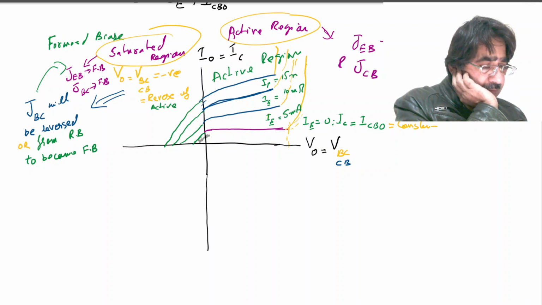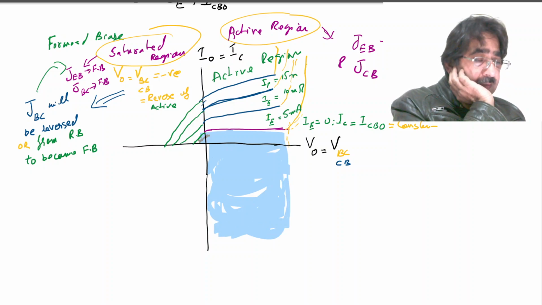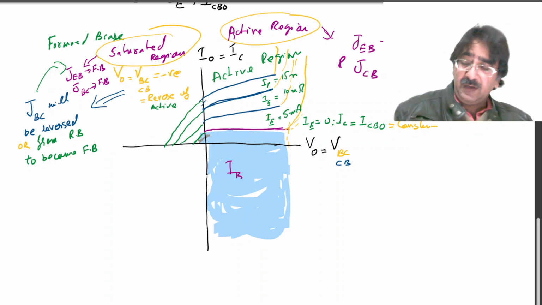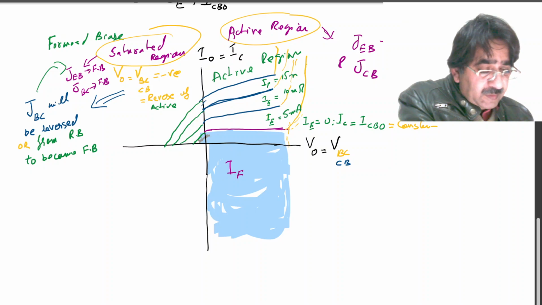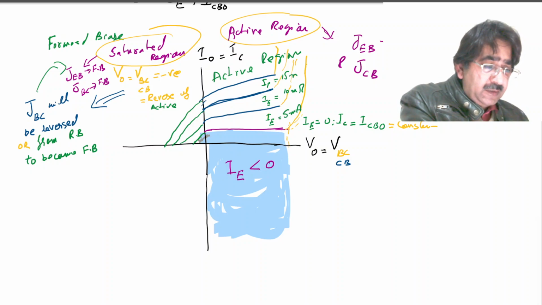I must consider this region. For all this region, IB is, sorry, not IB, I always make this mistake, IE is less than zero because input current is zero.